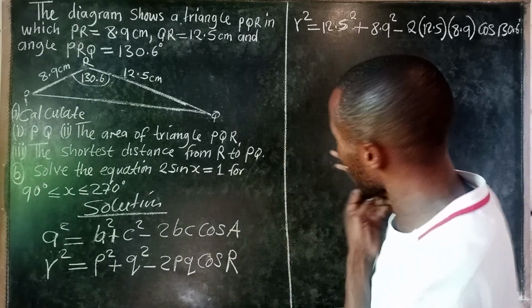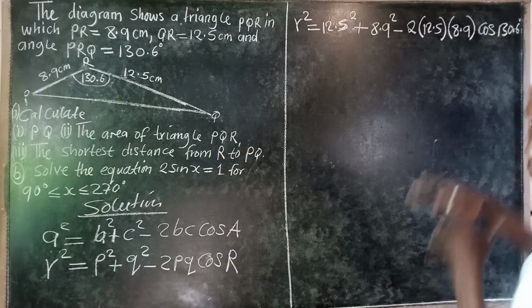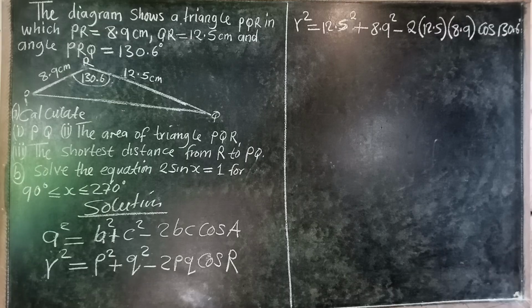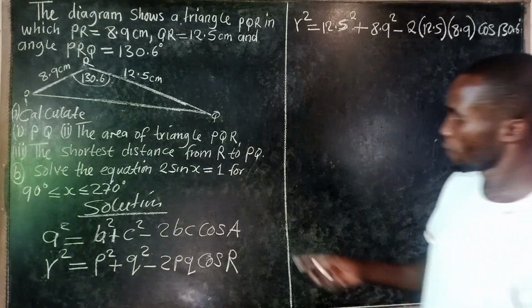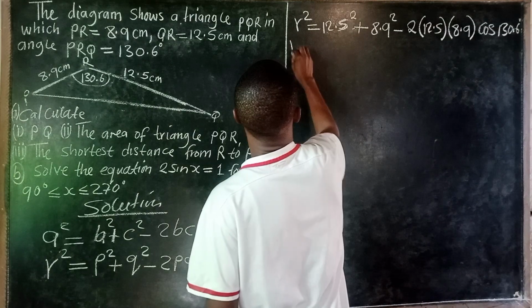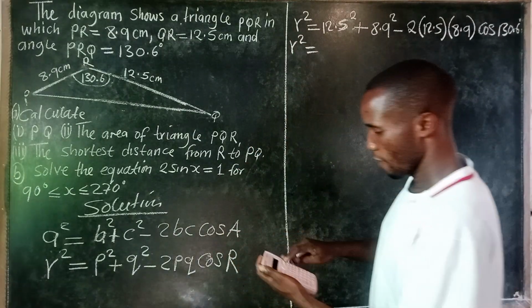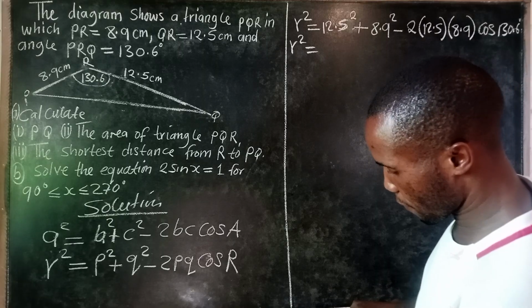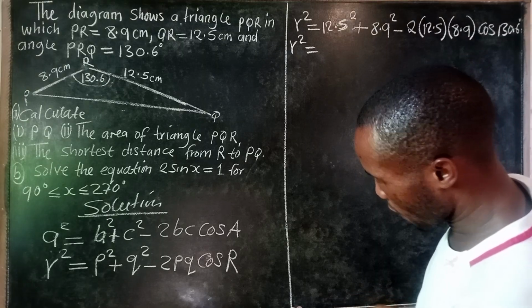So here quickly we can use the calculator. We punch fast. It's the one that I'm getting here, because this is the calculator version. So now you write R squared equals, then 12.5 squared. What is the answer?